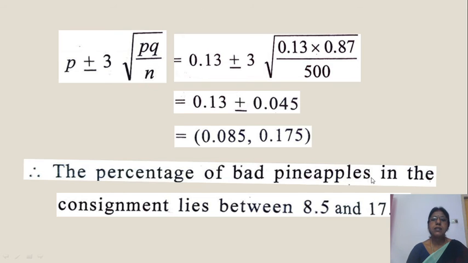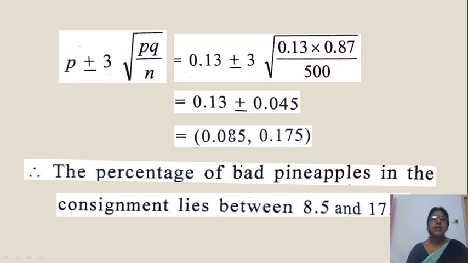Therefore, the percentage of bad pineapples in the consignment lies between 8.5 and 17.5. So multiply into 100 to get the percentage, the number of pineapples. The percentage means per 100, how many there are. So this is the interval.